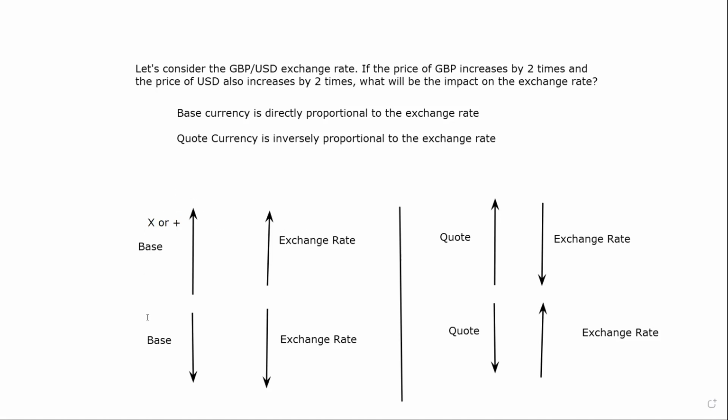When the base currency is decreasing, we're going to divide or subtract. Remember this. And when the quote currency is increasing, because we have an inverse relationship, we're going to divide or subtract. And when the quote currency is decreasing, we're going to multiply or add. We're going to perform these operations based on the scenario.